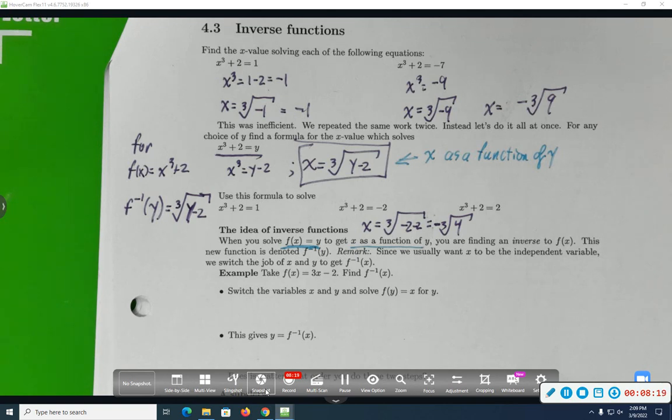The new function is f inverse with a little -1 in the superscript. Alright. So that now has y as the independent variable in a function.